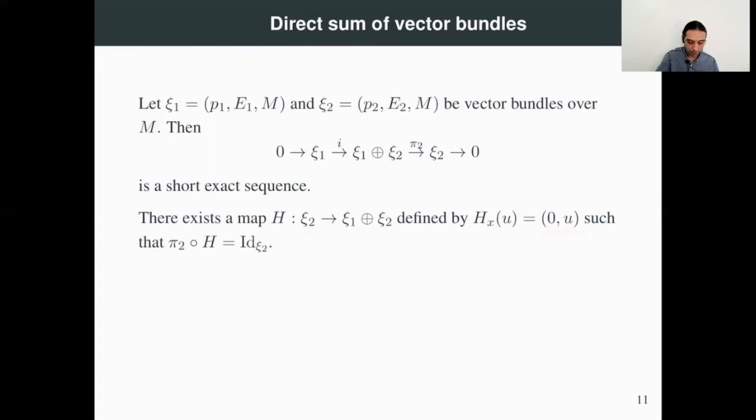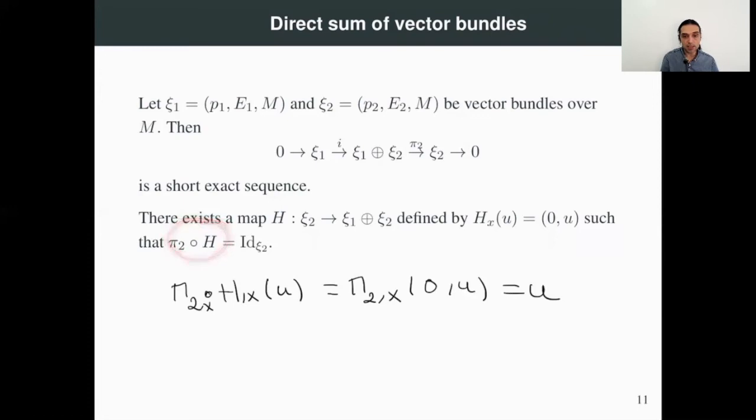And obviously, if we consider the image of a vector u, this is going to be the projection into the second component of (0, u), which is just equal to u. So this composition of h and pi2 is the identity of psi2. Okay.